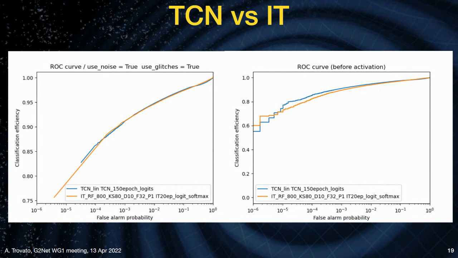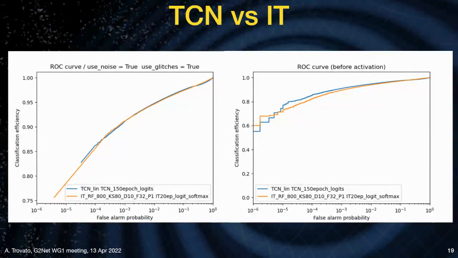So this is a bit worrying. The TCN instead needs a few more epochs to be trained, and it doesn't overfit as quickly as the inception time. They have similar results, so probably it's the same thing.